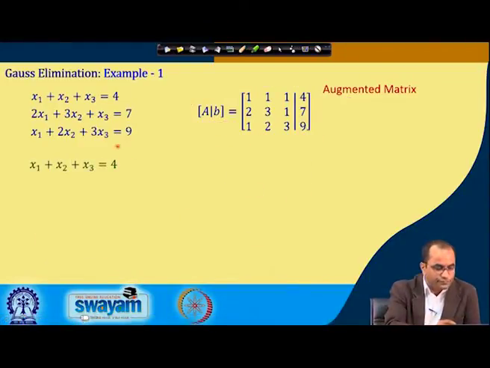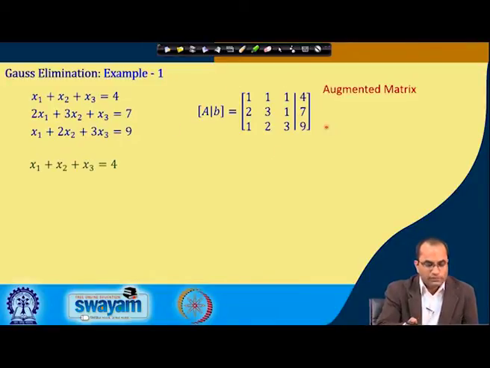On the left hand side I will show everything with the equations, and then we will translate it into the matrix form of the Gauss elimination technique. With the help of equation number 1, we are trying to eliminate the x1 variable from equation number 2.